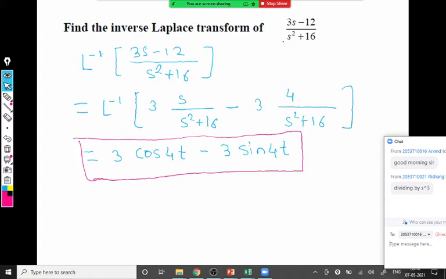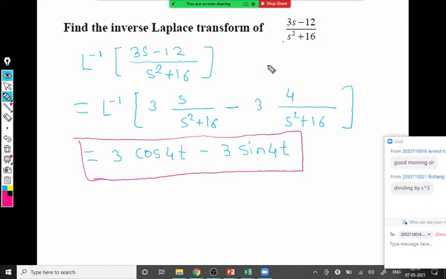So once you finish, tell me. So that 12 is split. This 12 is split into 3 into 4. Why did we take 3 into 4? Because we require a upon s square plus a square. Why can we not write s upon s square?